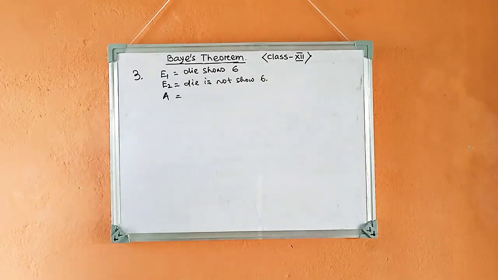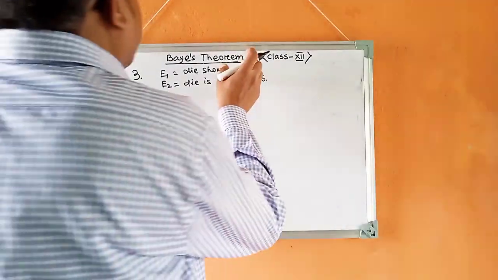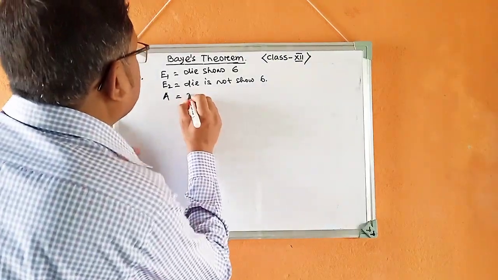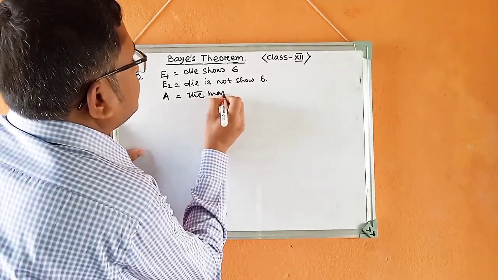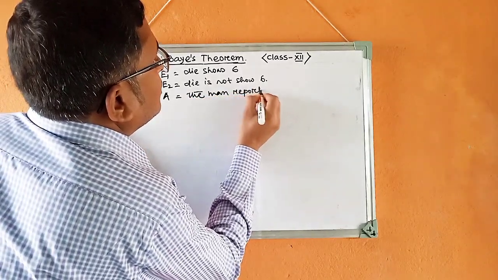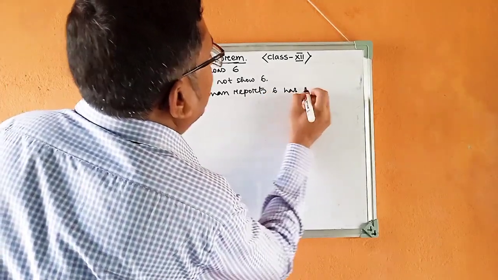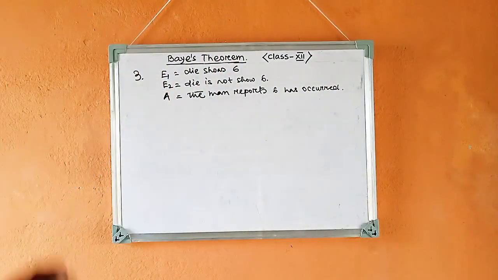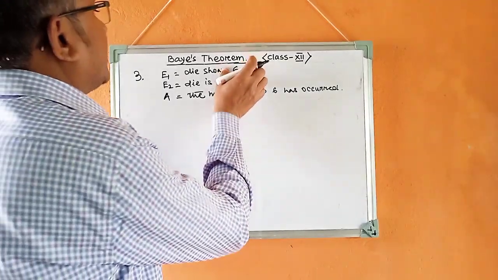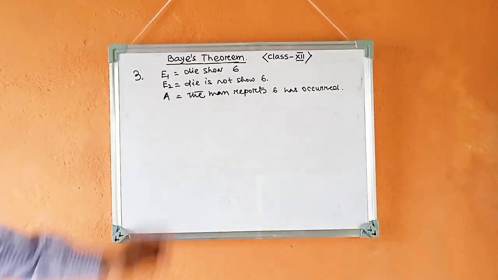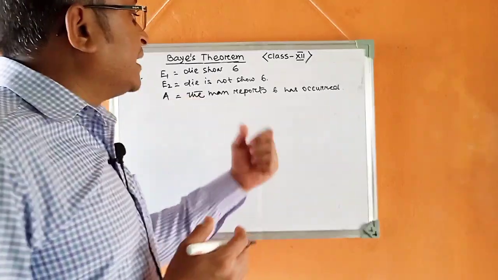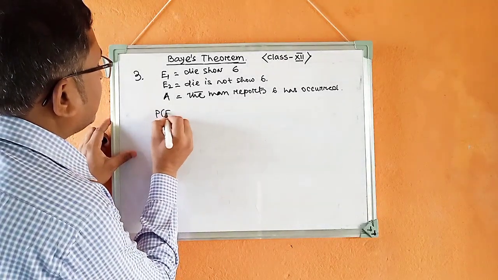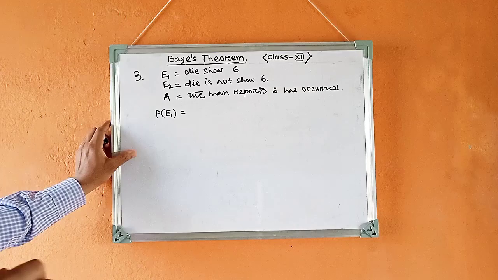A is the event that the man reports that 6 has occurred. So there are event E1, die shows 6, event E2, die does not show 6, and event A, the man reports 6 has occurred.